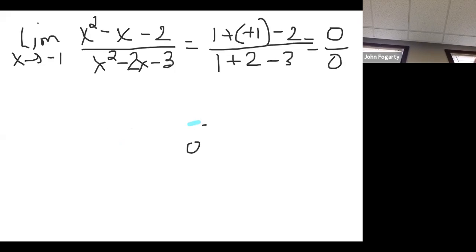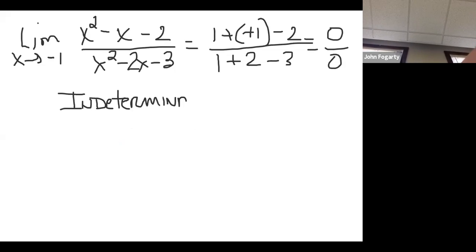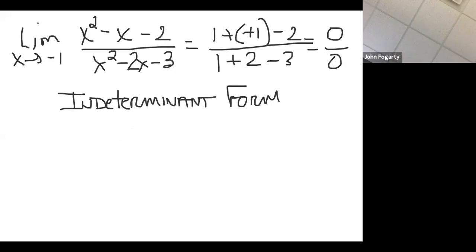What happens when I have 0 over 0? Well, we call that indeterminate form. Now, when you have indeterminate form, your problem is the form, so we can change the form. And this is the one that gives us the most work to do.